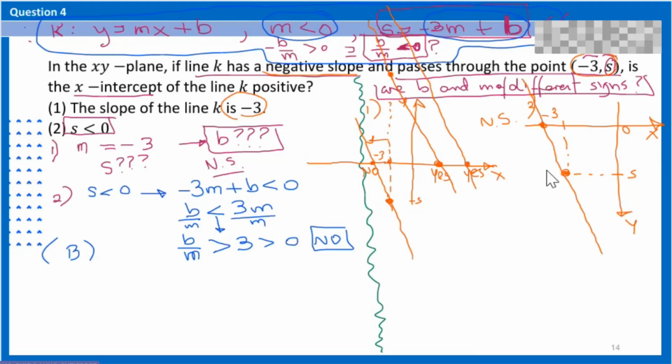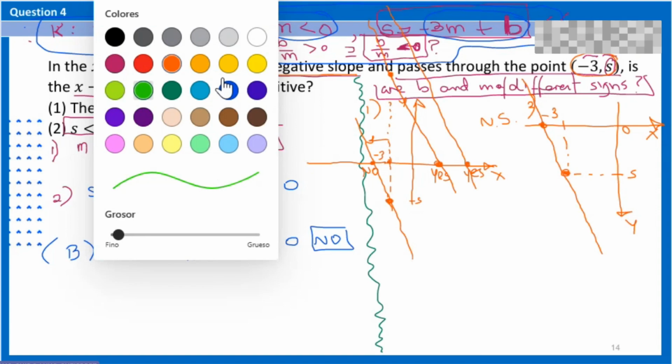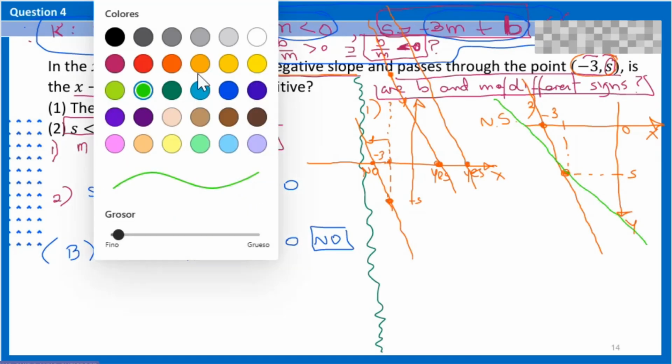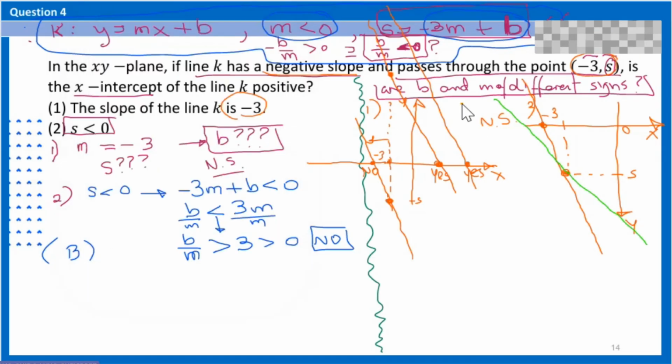Imagine a very negative value of K. Let's imagine a not so negative value of K, a softer one, but crossing through the same point. So when the slope becomes softer, less negative, what happens is simply that the x-intercept of the line goes further and further to the left of -3.